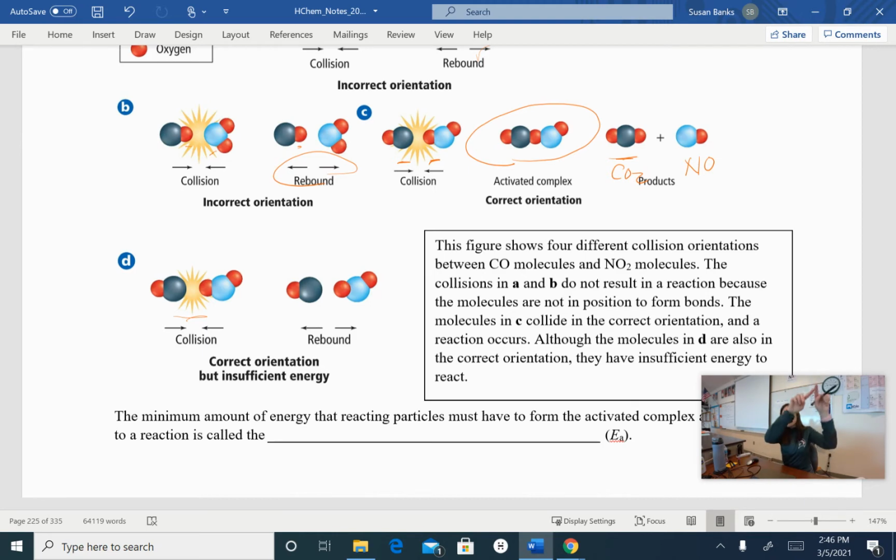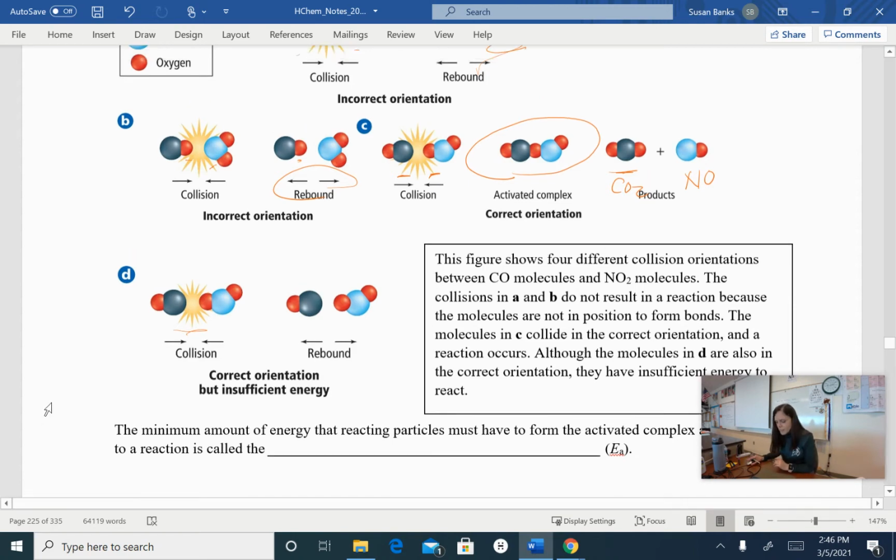If you didn't have enough energy from the height that you had that car going down before it hit the loop-de-loop, that car would just go up and then come back down. It wouldn't have enough energy to go around that loop-de-loop. So we have to have enough energy for that reaction to actually take place, to create those new bonds and start destroying those old bonds.